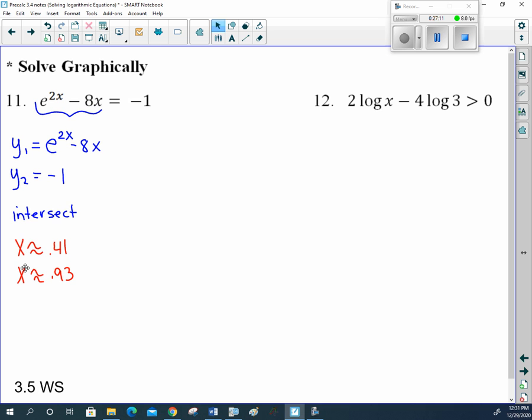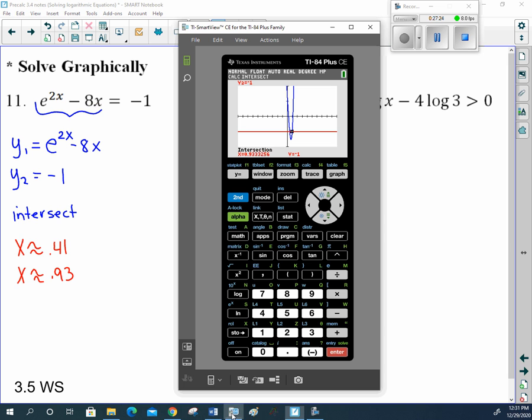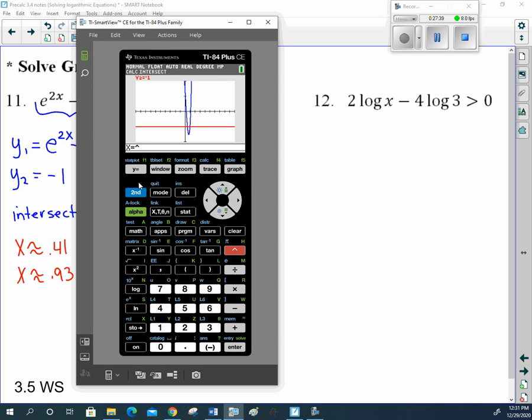So 2 log base 10 of x minus 4 log base 10 of 3 is greater than 0. So there's a couple of ways we could do this one on our calculator. Let's go ahead and slide this over so we can see this a little bit better. Let's delete that.